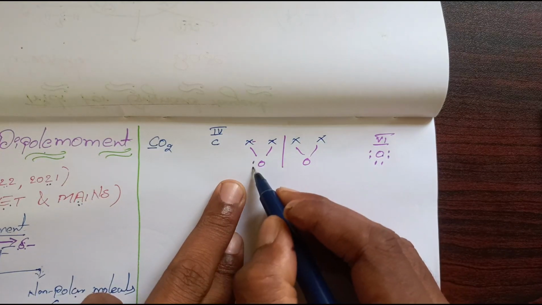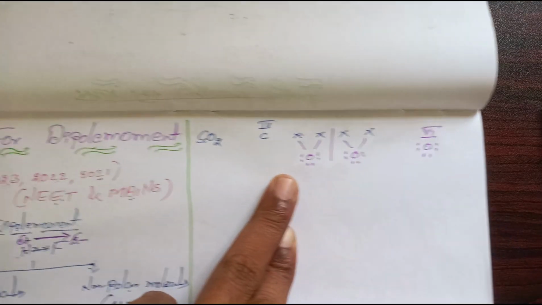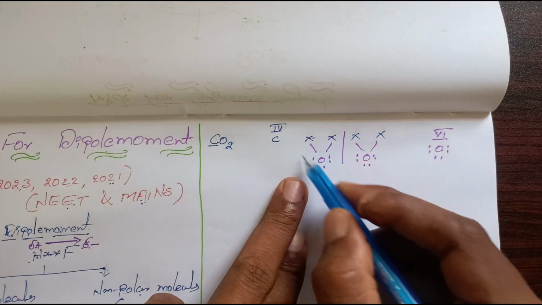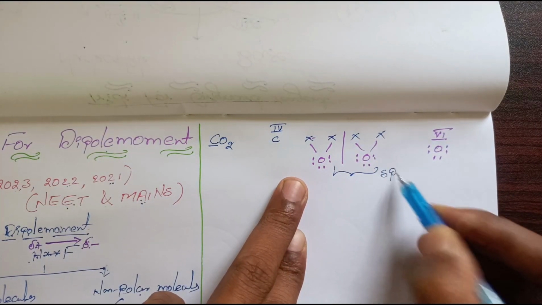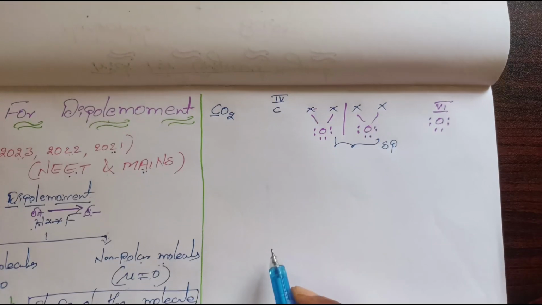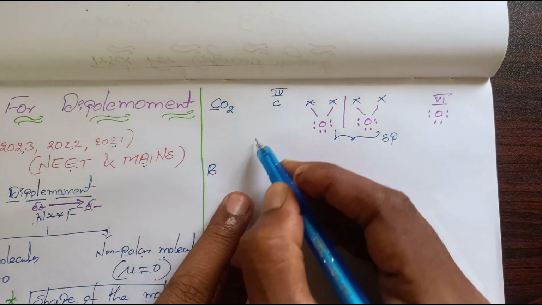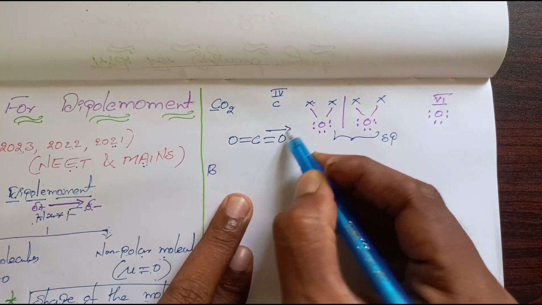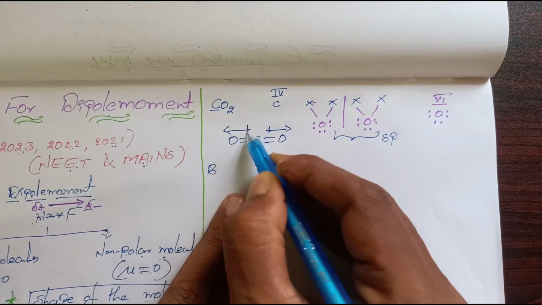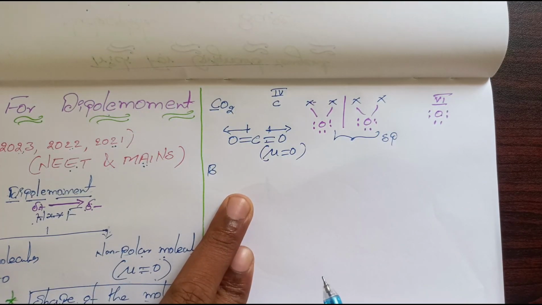That is why oxygen takes 2 electrons in the bonding. So what is the hybridization here? This is s, this is p, so it is sp hybridization. sp hybridization means the shape of the molecule is linear. This is moving in this direction, this is moving in this direction. Dipole moment value 0. For a linear molecule the dipole moment value is 0.